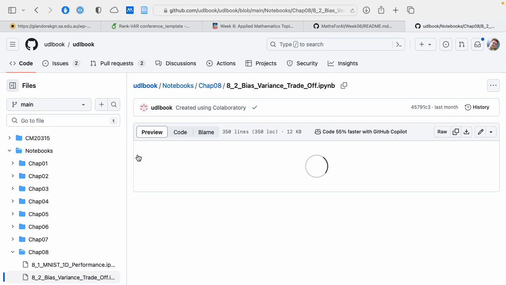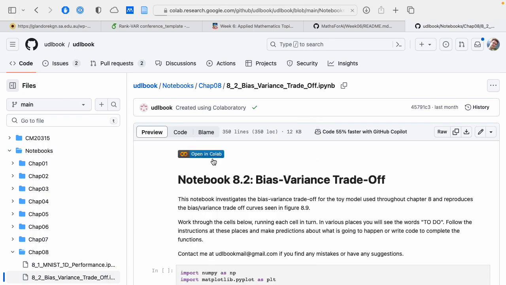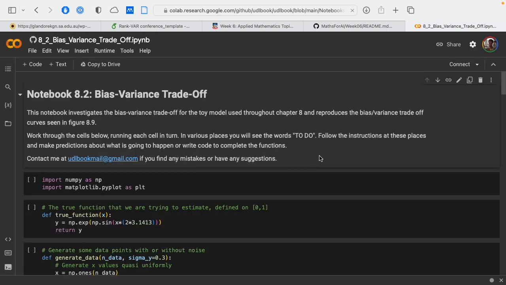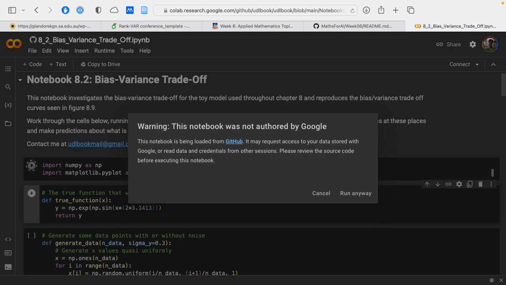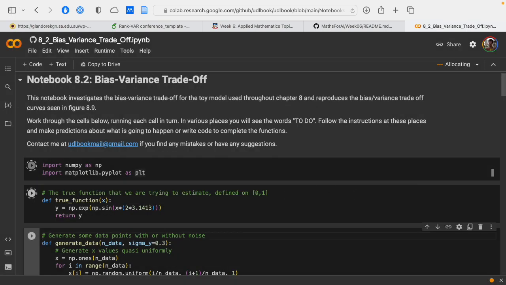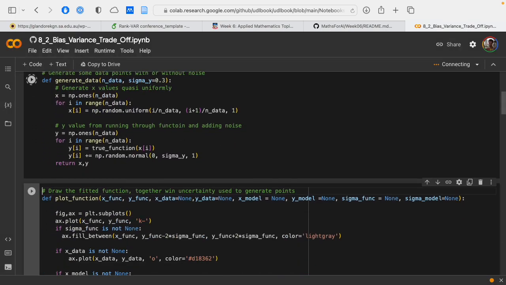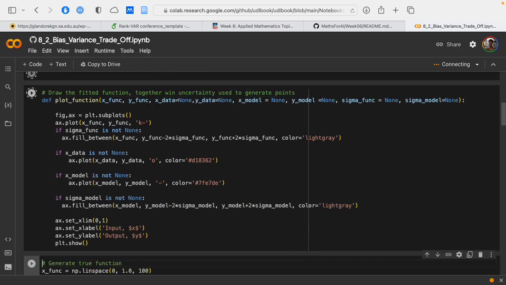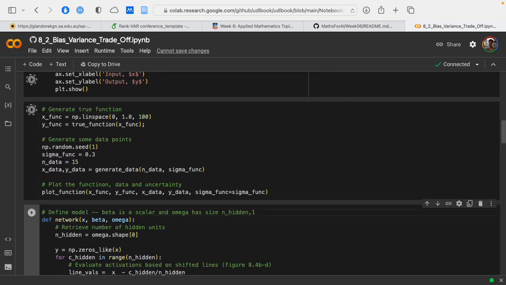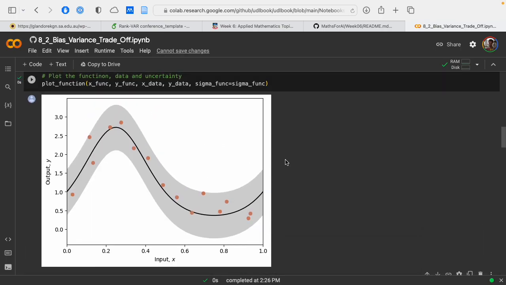There's a handy little notebook here, and you can actually look at the code that was used to generate this. Let's generate some random points, and then we'll fit the function, or plot the function and the data and the uncertainty, right?